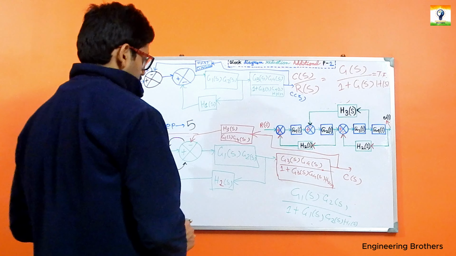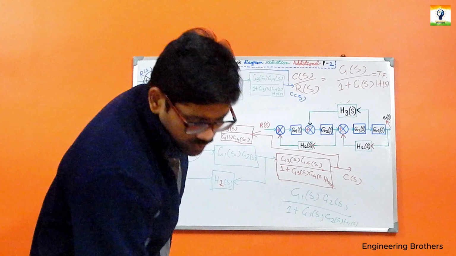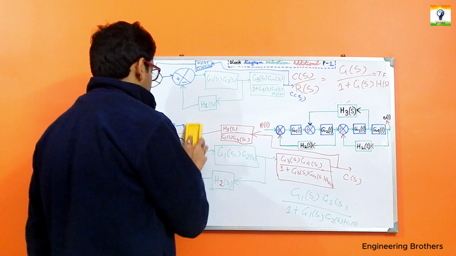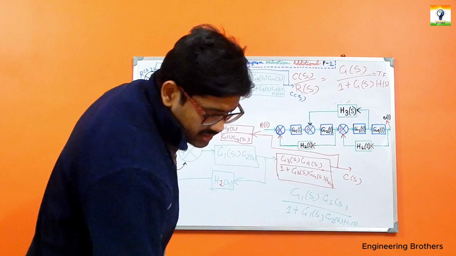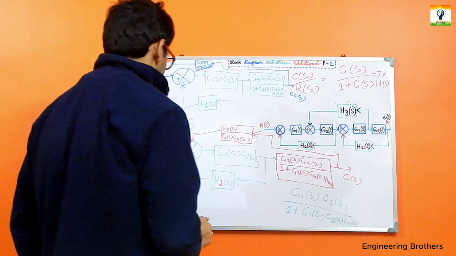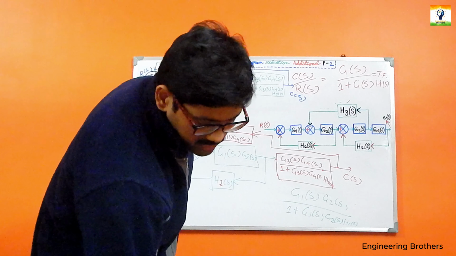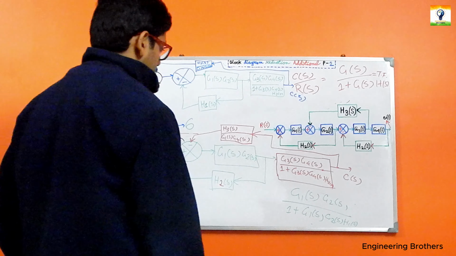Okay, now for that portion we are going to name that as our step 6. This is going to be our step 6, and the block diagram for that portion will look like this one.